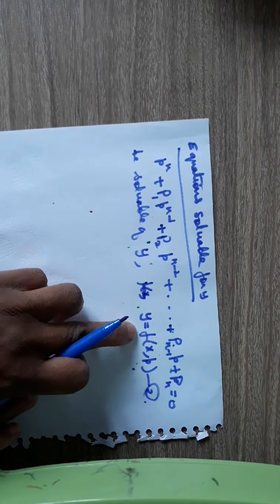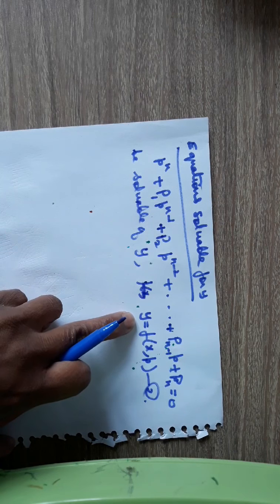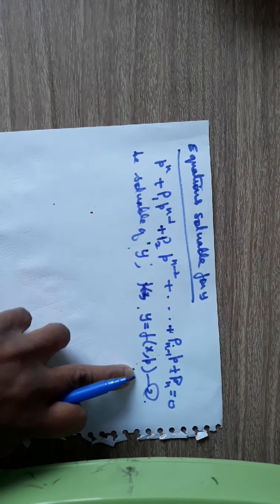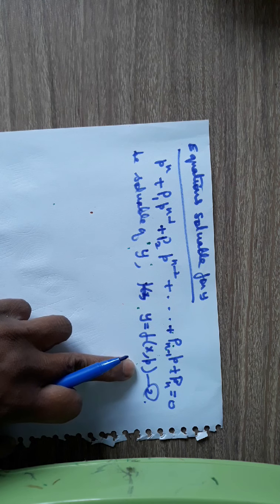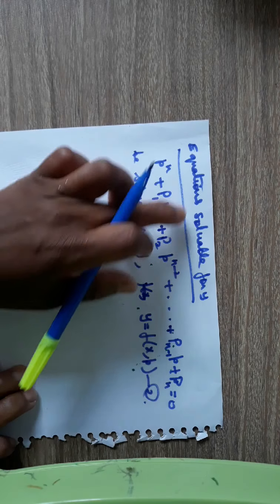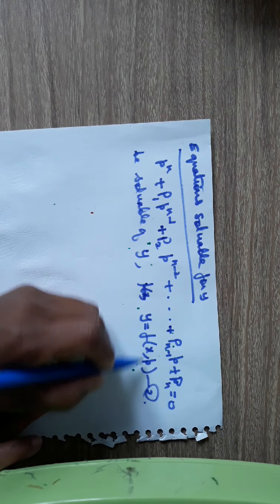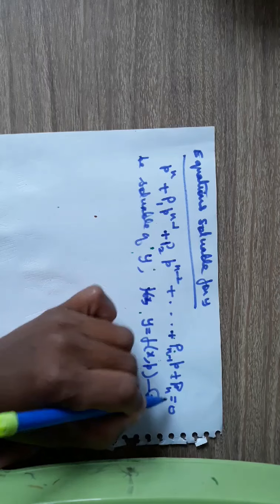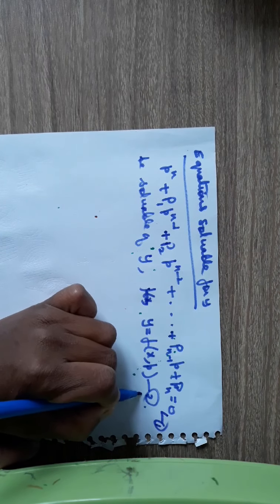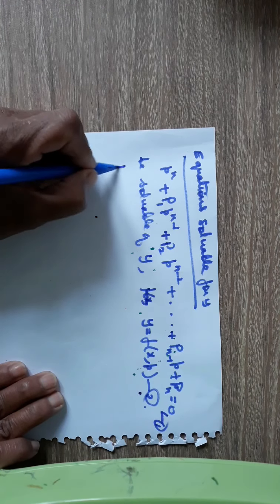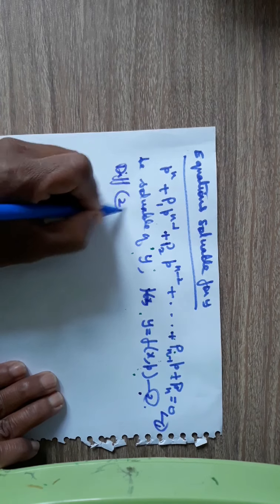So any equation which is of this form, if it can be put in the form y is equal to f of x, p, then you differentiate. This is called an equation solvable for y. Name the first equation as 1 and this one as 2. You differentiate 2 with respect to x.